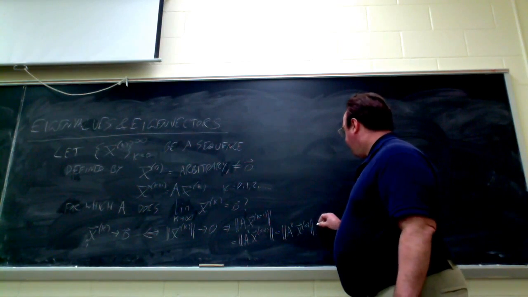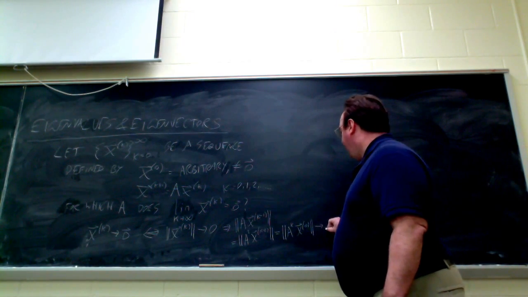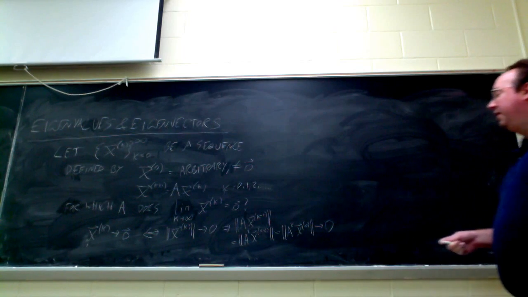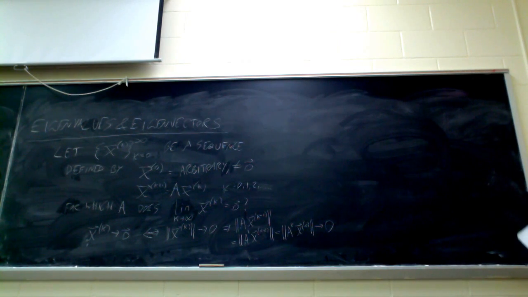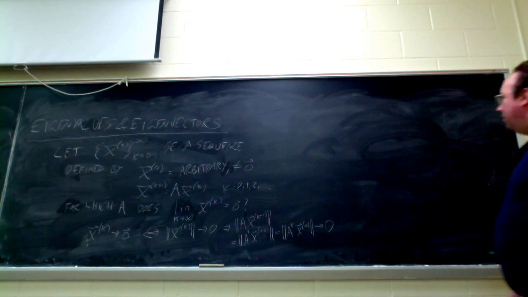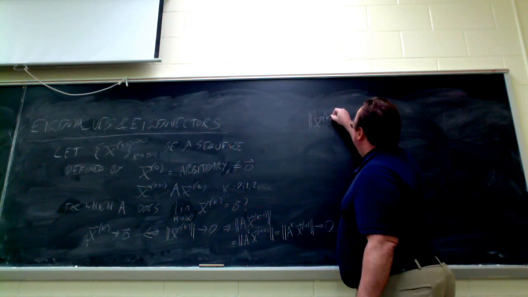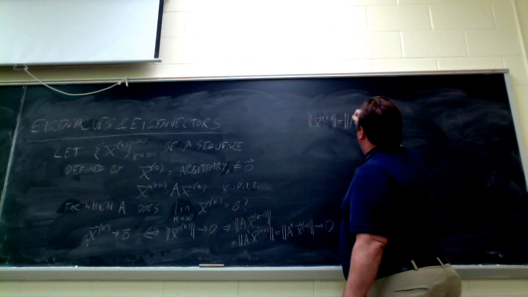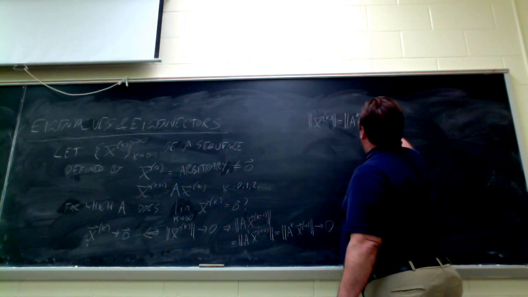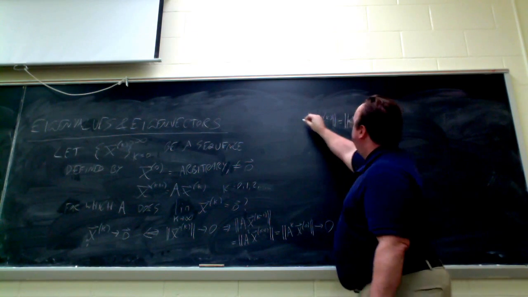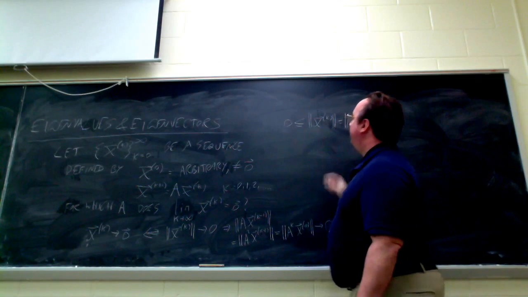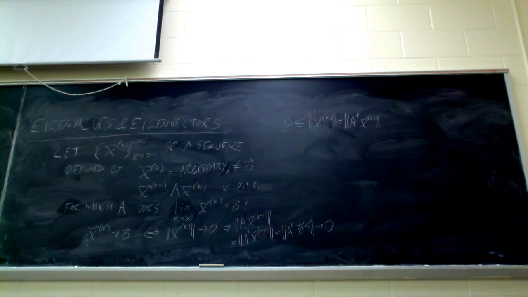Now, we want that to go to 0. But let's take a look at that last expression, norm of A to the k x naught, using properties of norms. So the norm of xk is equal to the norm of A to the k x naught, and this norm has to be greater than or equal to 0 because it's a norm.